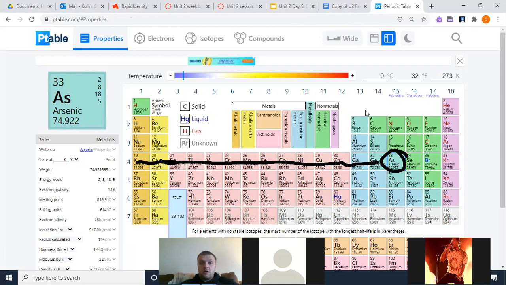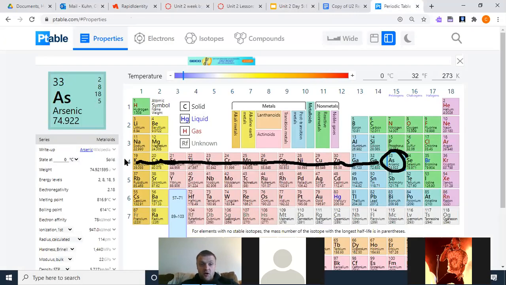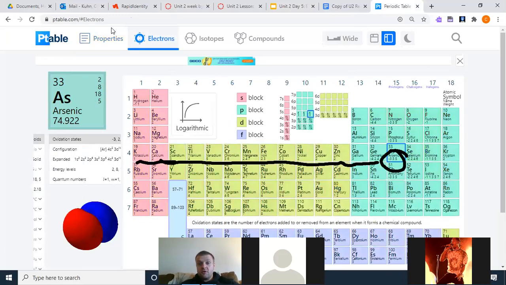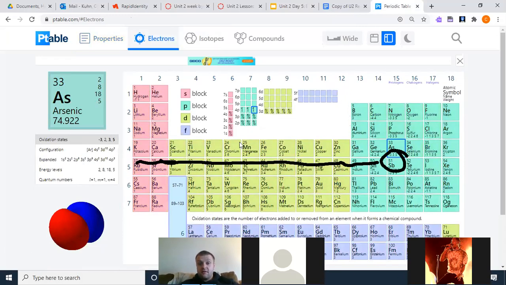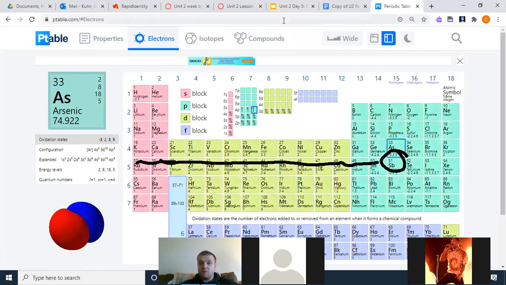Very simple. All you have to do is look at 4p. That means you're in the fourth row, the p column. And if you don't remember, here are the blocks: s block, p block, d block, and f block. Pretty simple to remember.